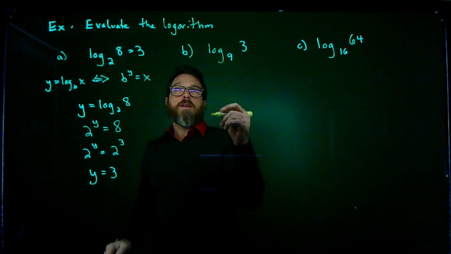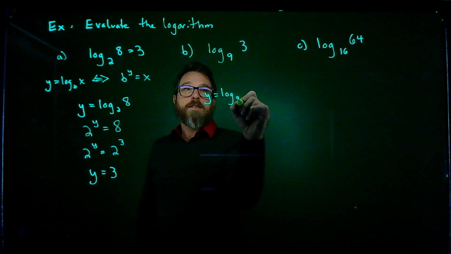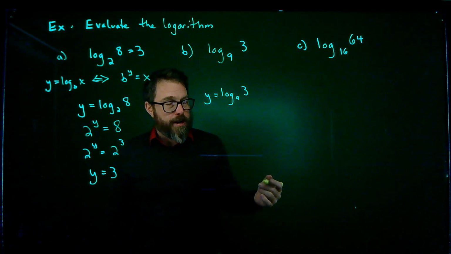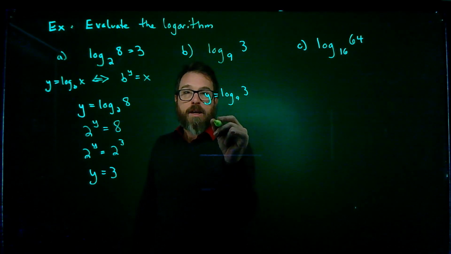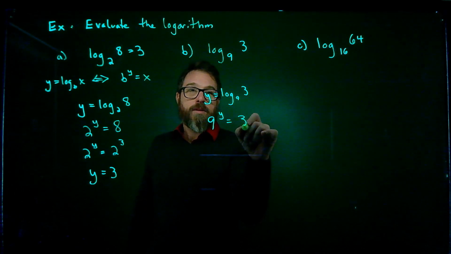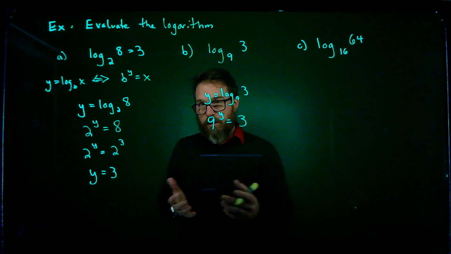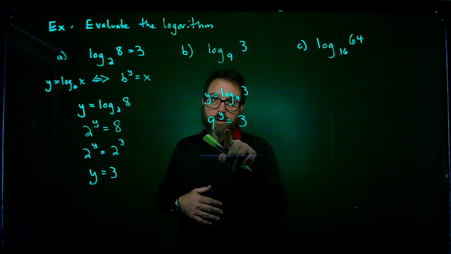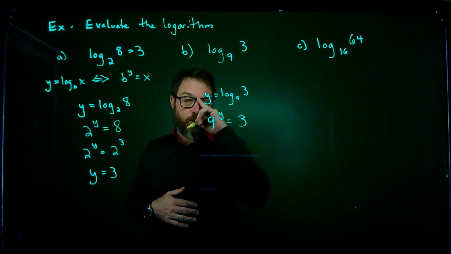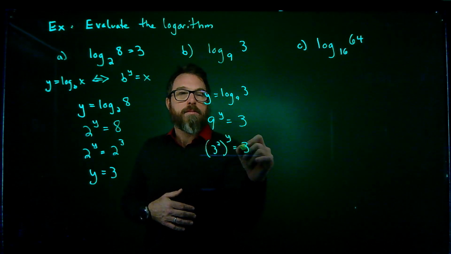All right, let's do the same thing here. I'm going to write this as y is equal to the log base 9 of 3, and then rewrite it in its exponential form. So this has a base of 9, an exponent of what the logarithm is equal to, and this will be set equal to 3. Now I have to write both of these with their common base. Well, 9 is base 3, and so is 3. So I can write 9 as 3 squared, is equal to 3.